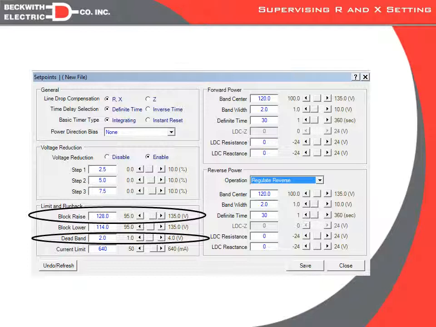So remember, the voltage is always going to be highest for the customer closest to the source, and therefore, if we apply too much compensation, we may risk over-voltaging that customer in an attempt to keep the customer at the end of the circuit at a high enough voltage.